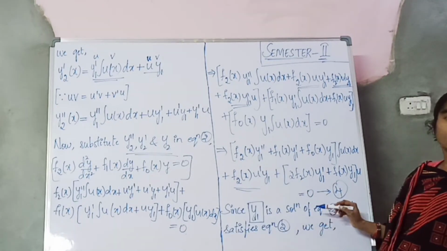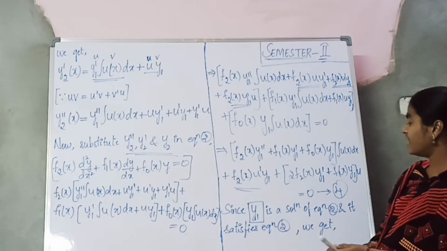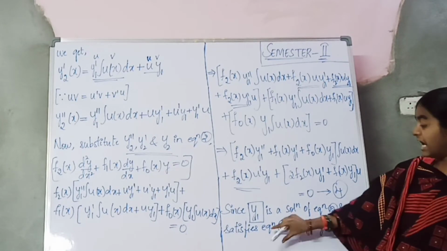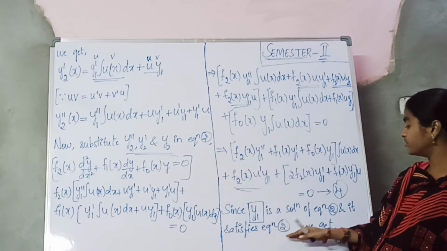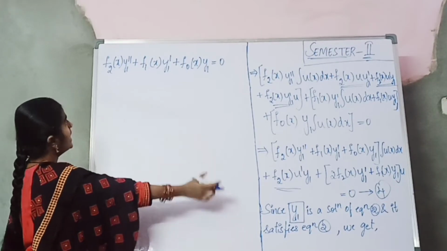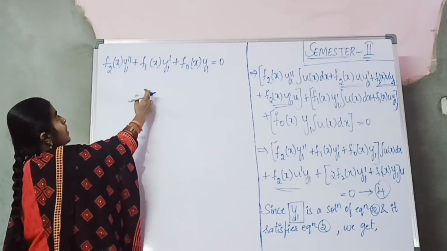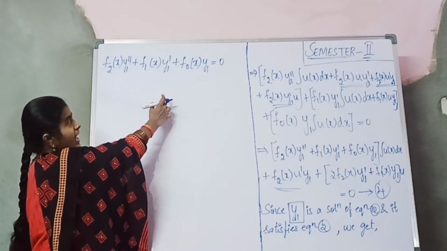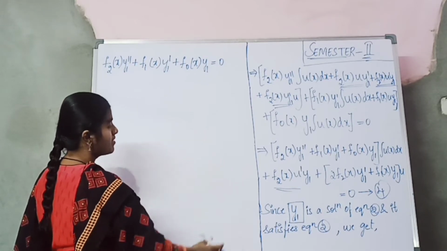Since y1 is a solution of equation 2, it satisfies equation 2. Then according to equation 2 we get f2(x) y1'' plus f1(x) y1' plus f2(x) y1, which equals 0.